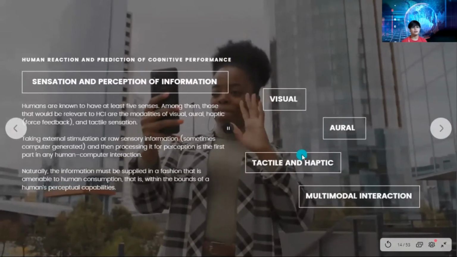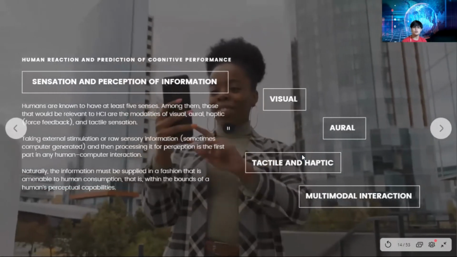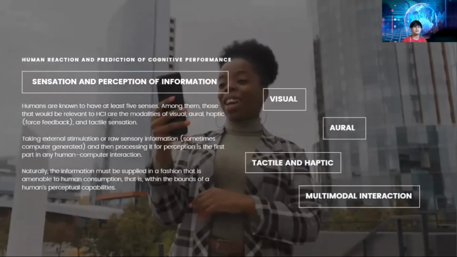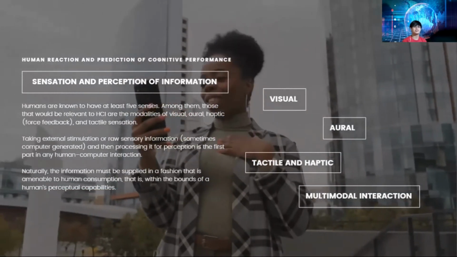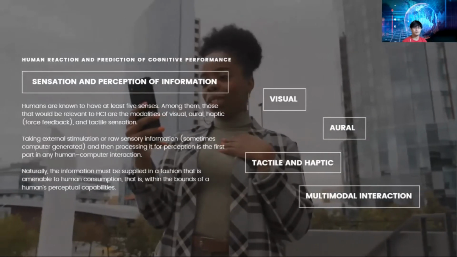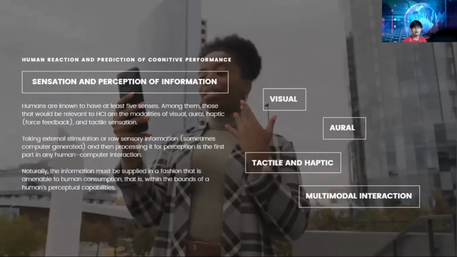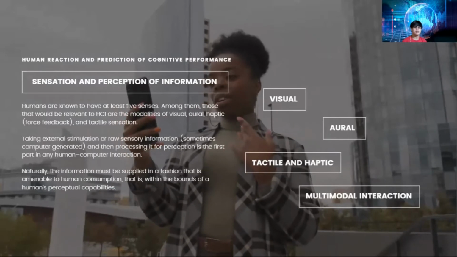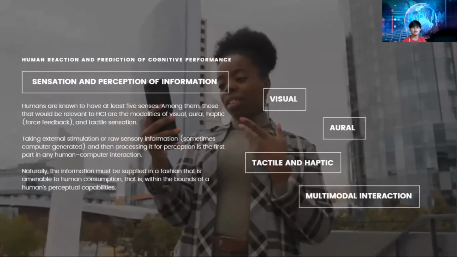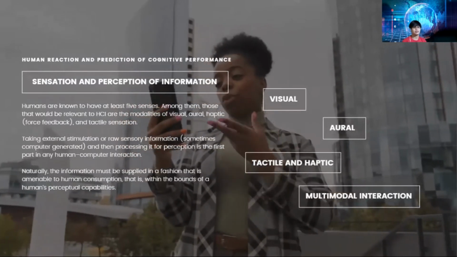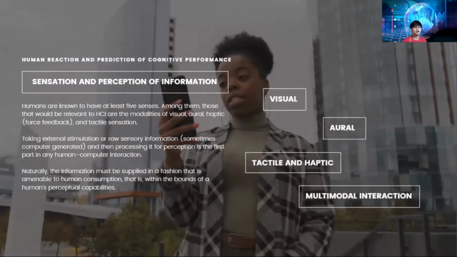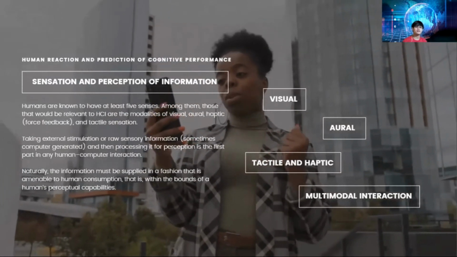Next that we're going to discuss would be the sensation and perception of information. This is very important when you actually create a really good HCI design. So you must know the basic concept of sensation and perception of information. Humans are known to have at least 5 senses.